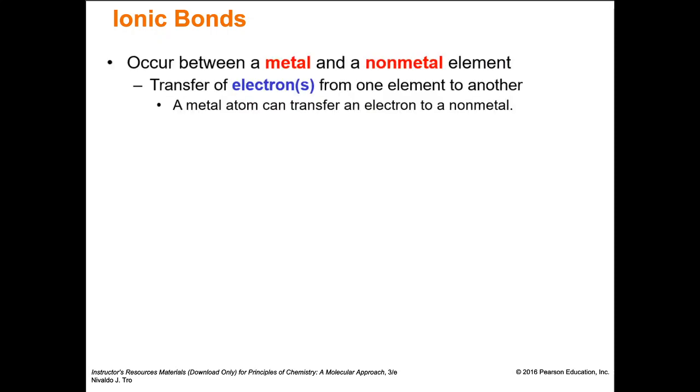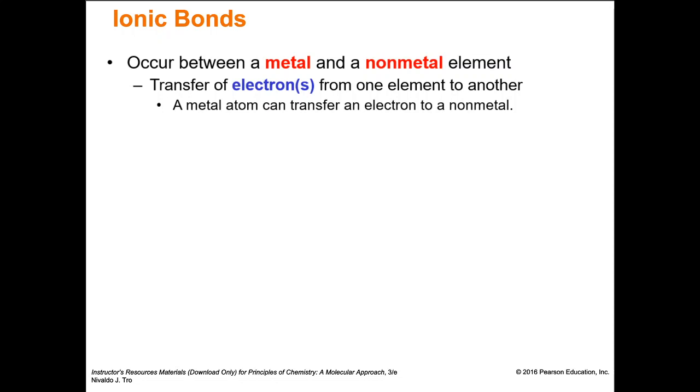The first one we'll get into is ionic bonds, and what makes an ionic bond different, or what makes it unique. An ionic bond, again, occurs between a metal and a non-metal. Remember, all your metals are on the left-hand side of your periodic table. That includes everything from lithium all the way over to something like aluminum, then you have the transition metals in between.